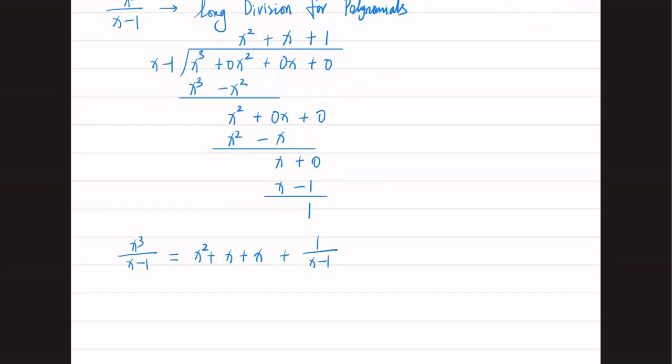Okay. So if we want to integrate, this part is always easy. We just need to focus on the integration of this one.